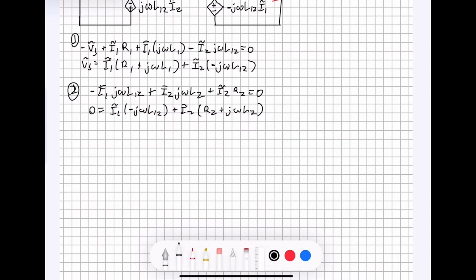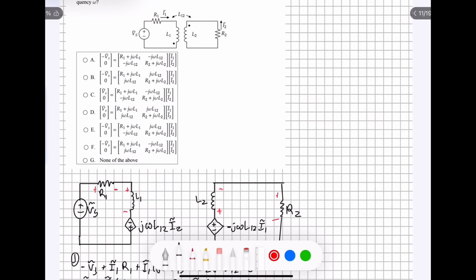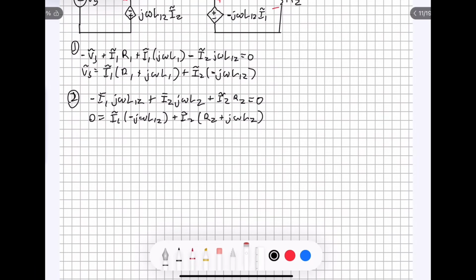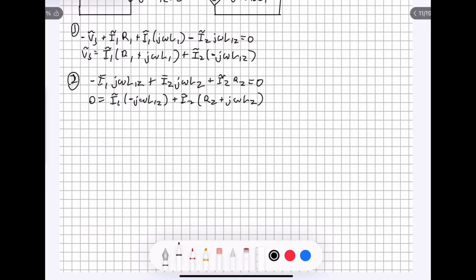Now that we have these two equations, number 1 and number 2 right here, we can put this into matrix form, which is how the answers for this problem are all set up. They're all in matrix form. So to put it in matrix form, we just put the voltages right here on this side of the equation, Vs and 0, because we've got Vs for the first equation and 0 for the second equation.